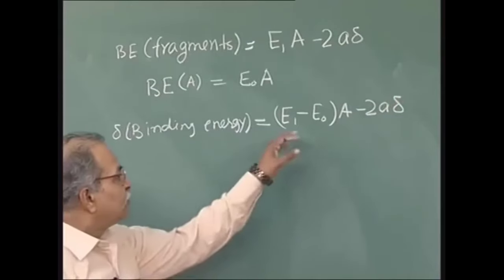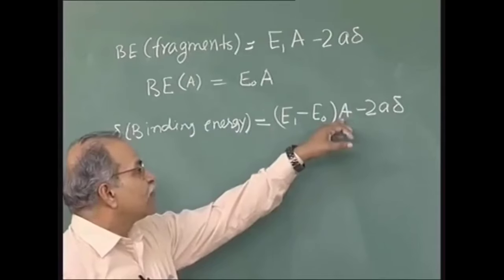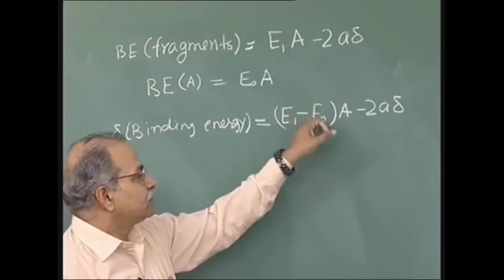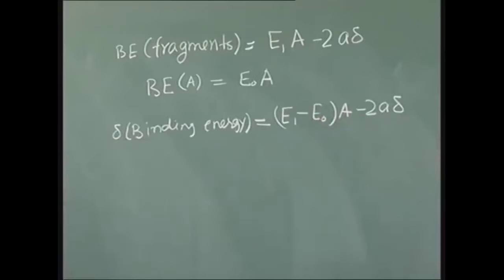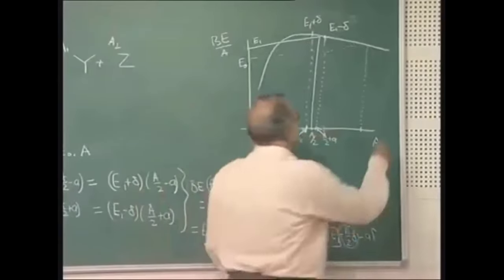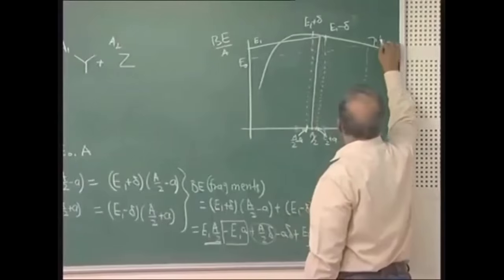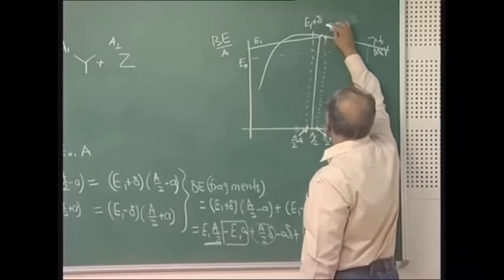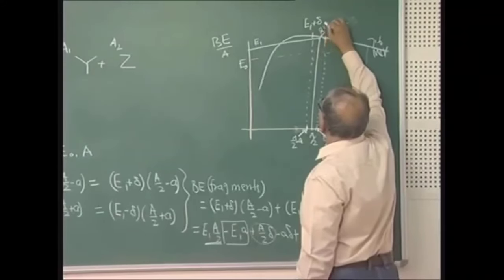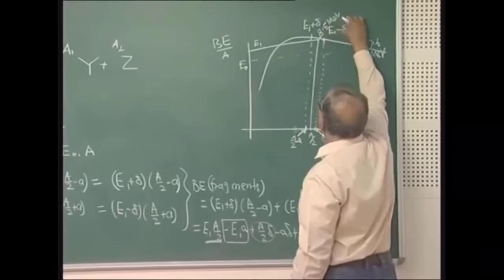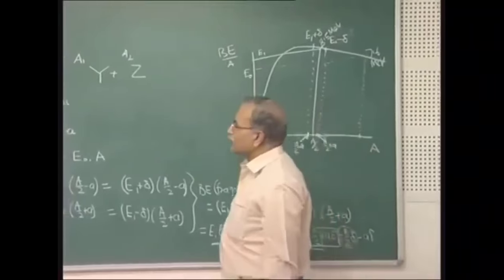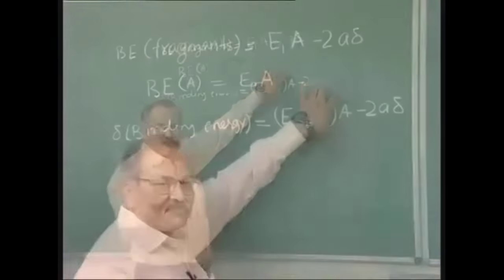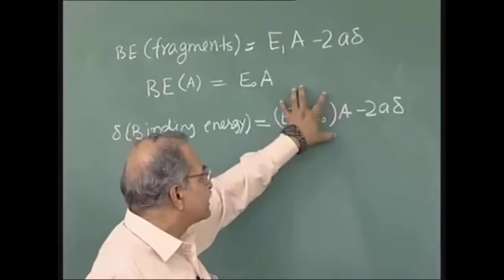And in that A equal to 240 region, this E naught is something like 7.6 MeV, and at half the region it is 8.5 MeV. So that is the difference we had calculated earlier. This comes out to be 215, 216 MeV. So that is there.